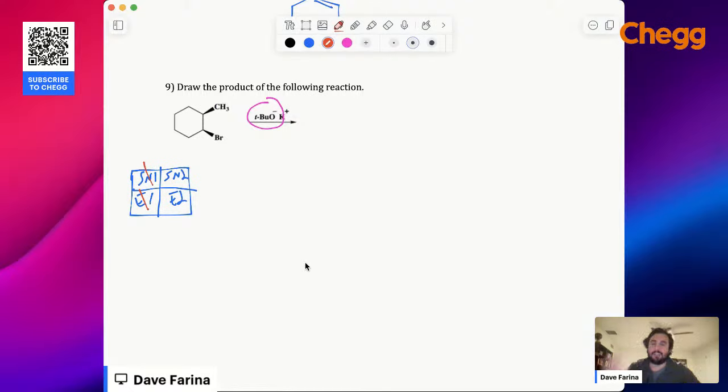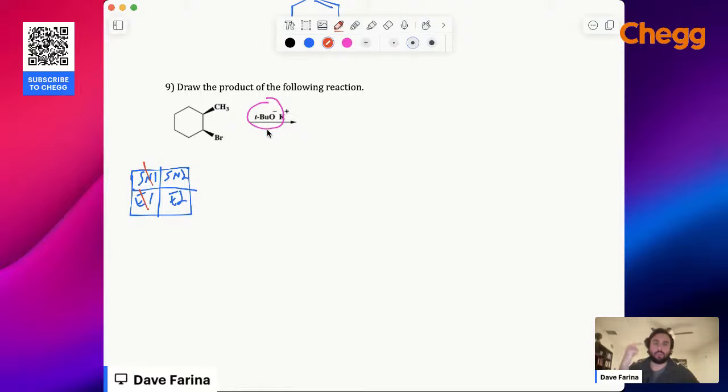Once we've done that, now let's look at sterics. What is the sterics of the substrate? Could it do SN2? Well, according to the substrate, it could. It's secondary. There's beta branching, but not too much. So if it was hydroxide, maybe it could do it. But we have tert-butoxide. Tert-butoxide is the quintessential, classic E2 base.